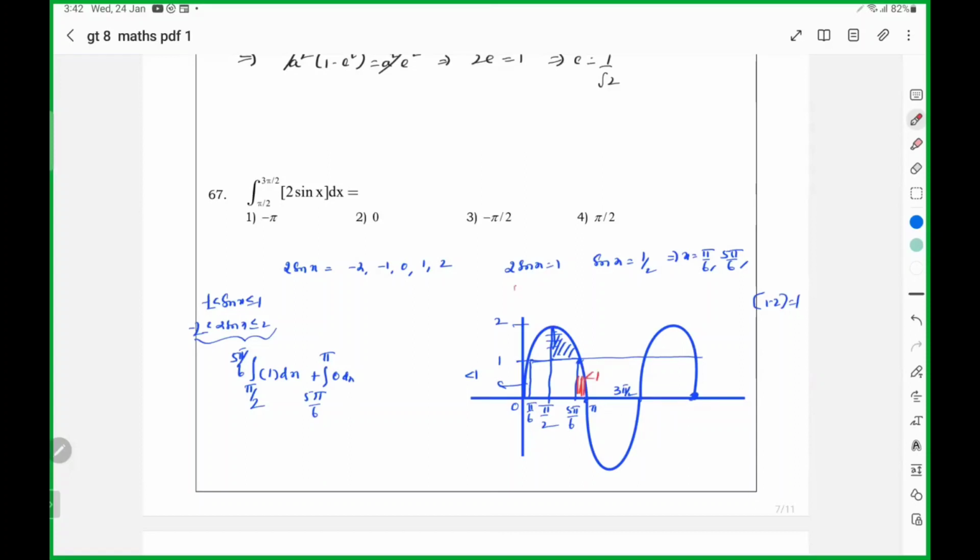And where sin x is minus 1, minus half, that is 7 pi by 6, it is minus 1. Till here 2 sin x lies between. So I will write here 5 pi by 6, pi to 5 pi by 6, and it is minus 1.5 like that.